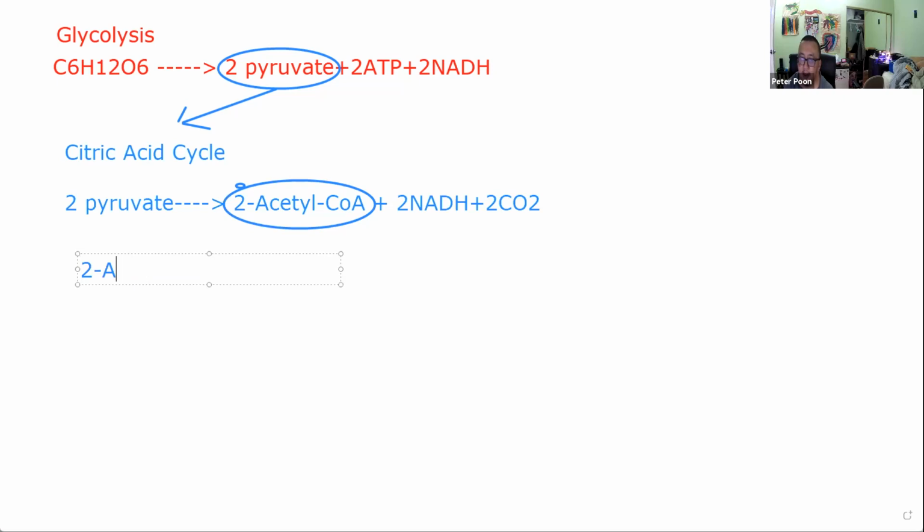Acetyl literally means it has 2 carbons. So acetyl-CoA, and we'll break that down, plus 4 CO2s, plus 6 NADHs, plus 2 FADH2s.